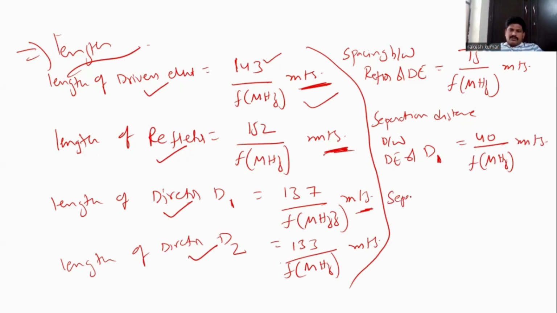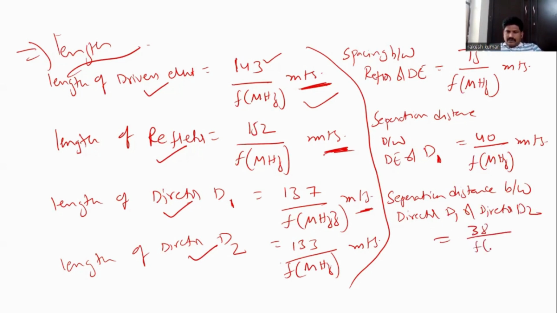Similarly, the separation distance between director D1 and director D2 is given as 38 by f in megahertz, in meters. So this is regarding the length of the elements of the Yagi-Uda antenna, and this is the spacing between the different elements in the Yagi-Uda antenna.